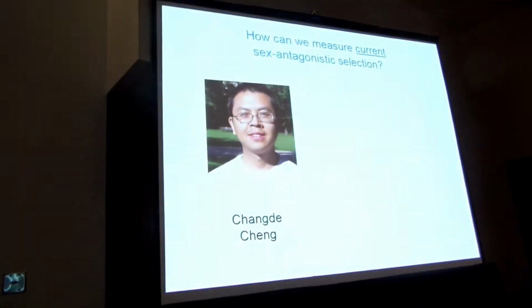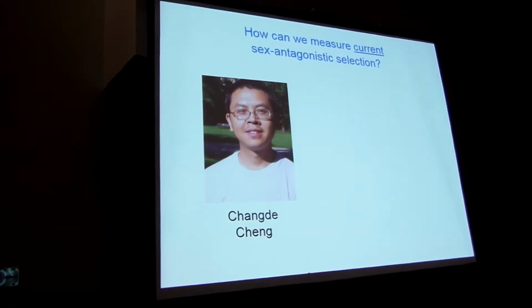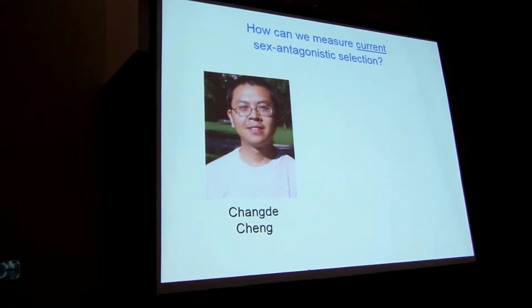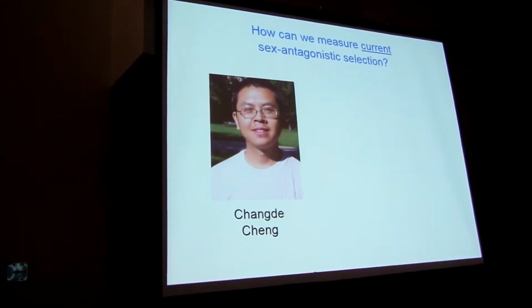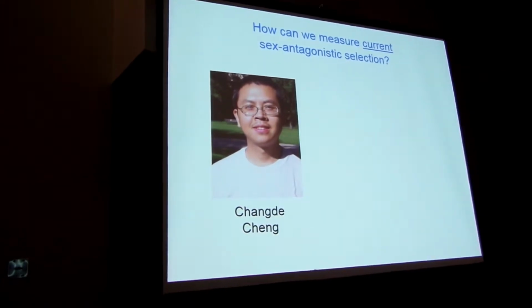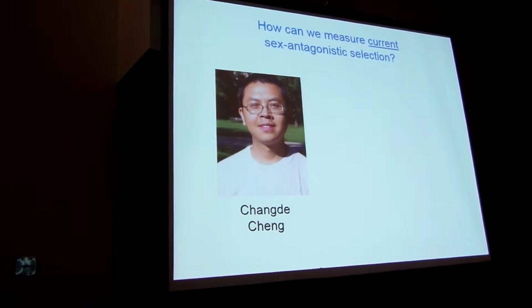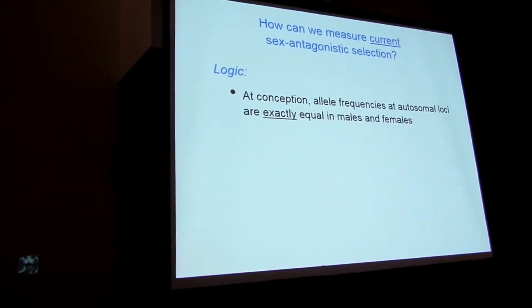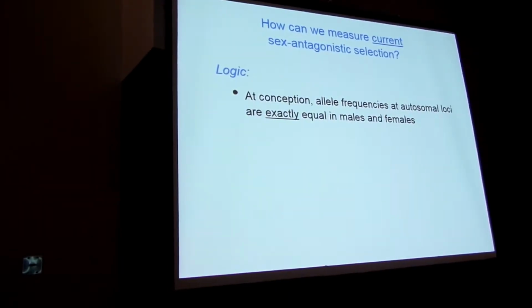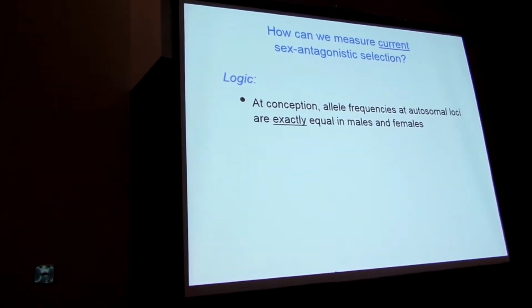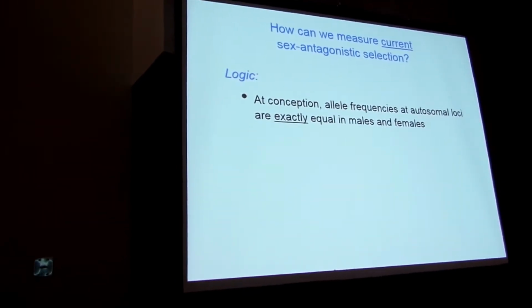Chenny Ching, who is right here, when he arrived in our lab as a postdoc, asked the question, how can we measure current or contemporary sex-antagonistic selection, and can we relate that to patterns of sex-biased expression? So we finally stumbled upon, we had deep thoughts and came upon the following logic.